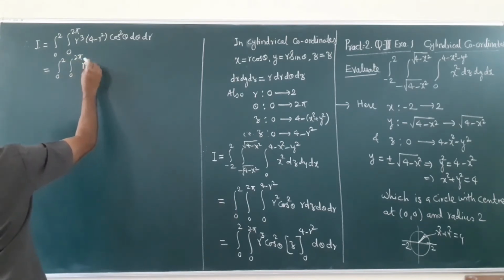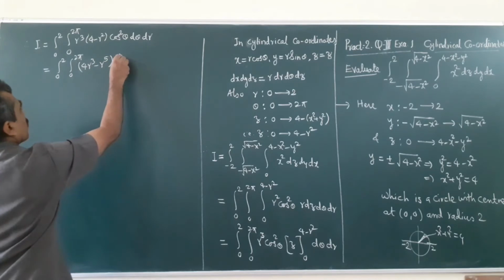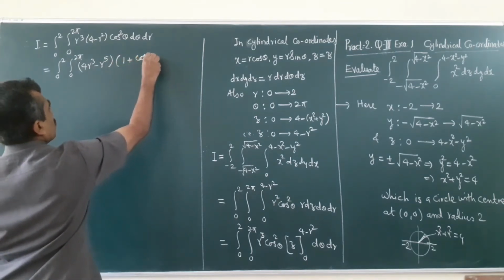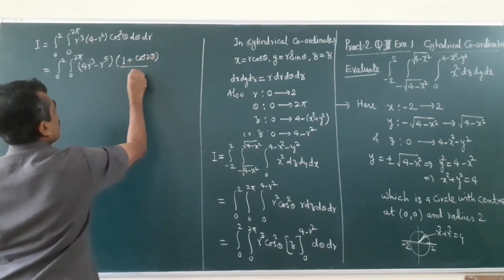So this is the integral 0 to 2, integral 0 to 2 pi of 4r cube minus r raised to 5 into 1 plus cos 2 theta divided by 2.